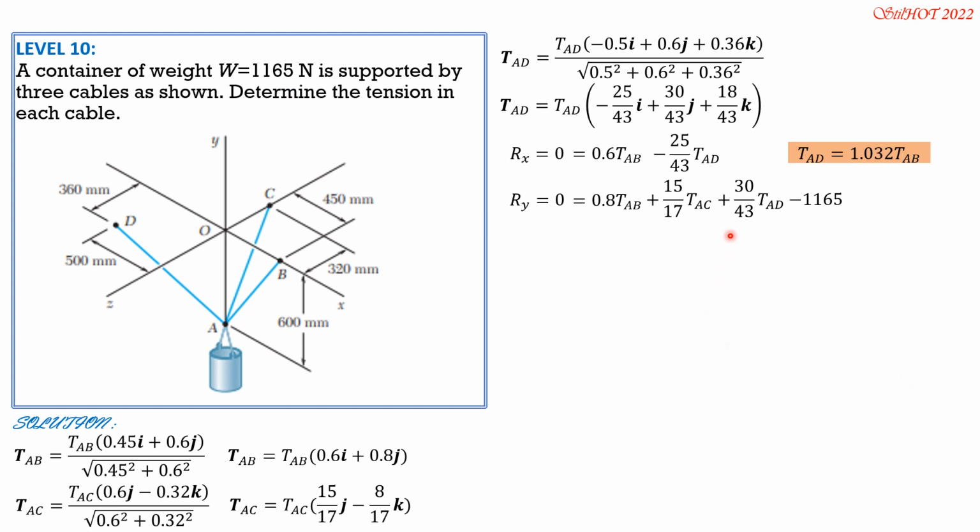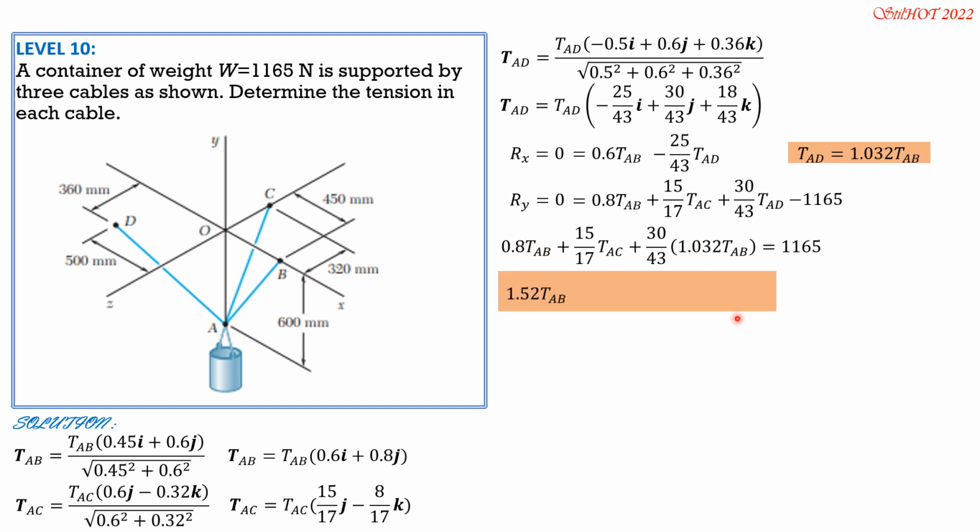So replacing tension AD here by 1.032 tension AB and transposing this to the left: 0.8 tension AB plus 15 over 17 tension AC plus 30 over 43 of 1.032 tension AB equals 1165. Simplifying, combining tension AB, we have 1.52 tension AB plus 15 over 17 tension AC equals 1165. Call that equation 1.